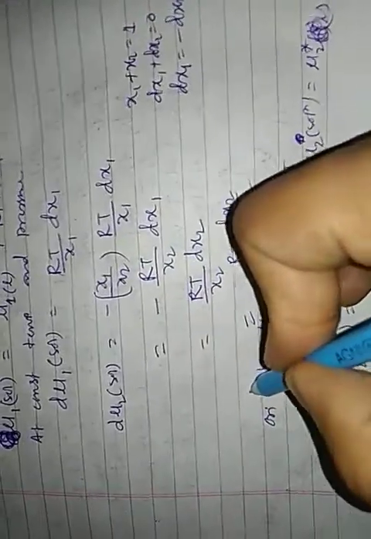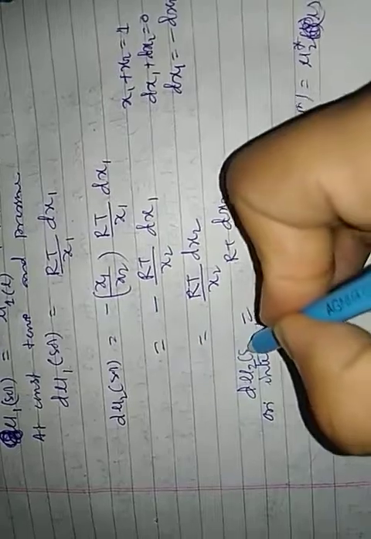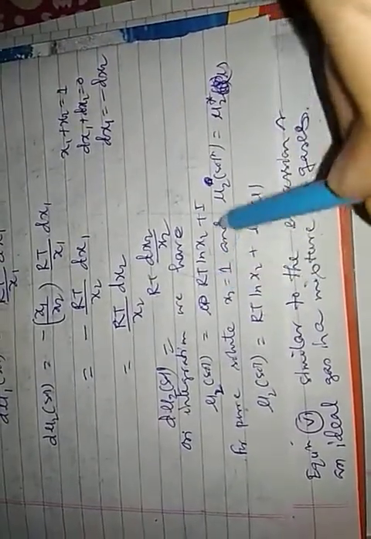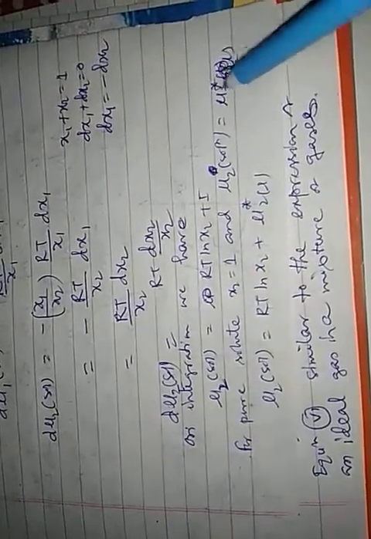If I integrate this term, that means d mu 2 in solution, I can have this. Now if I consider pure solute, then x2 equals 1, and mu 2 in solution becomes mu 2 star, that is the pure case.